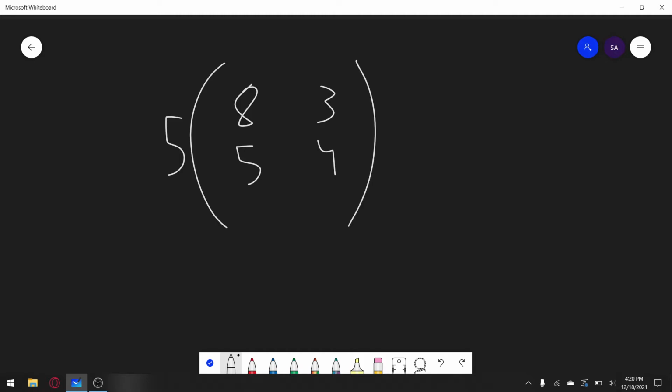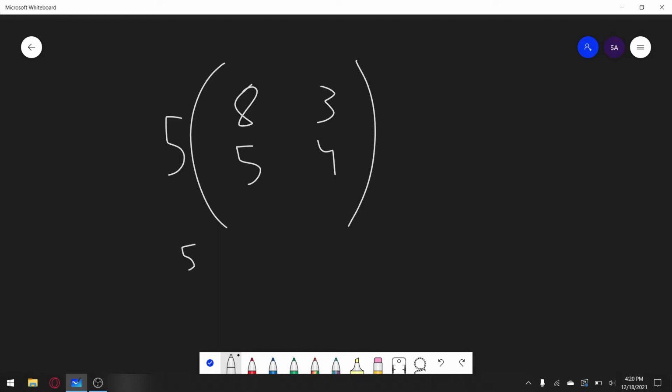Now multiplication. There are two types of matrix multiplication. If there's a number outside of the matrix, it is fairly simple.